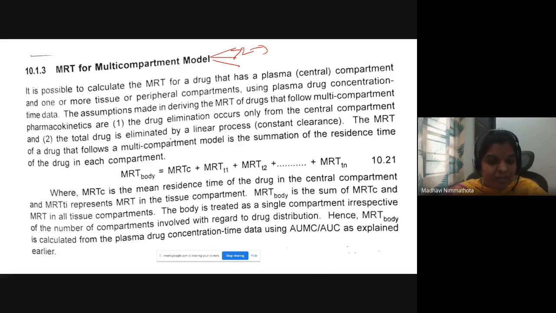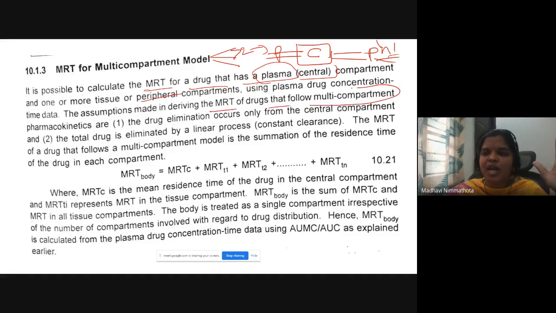So how will it be? It is possible to calculate the MRT for a drug that has a plasma, that is central, and peripheral compartments. Here the drug is distributed between the central compartment and the peripheral compartments, n number of compartments. The assumptions made in deriving the MRT of a drug that follows multi-compartment are that the drug is transported between the multiple compartments.